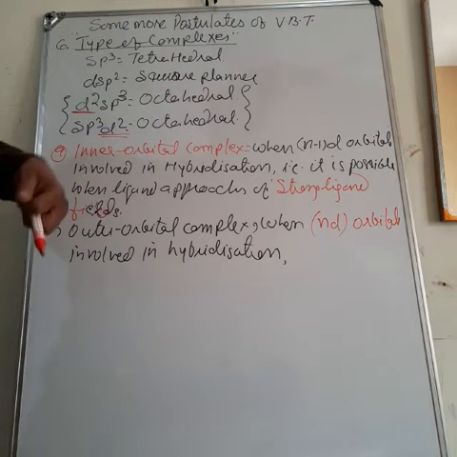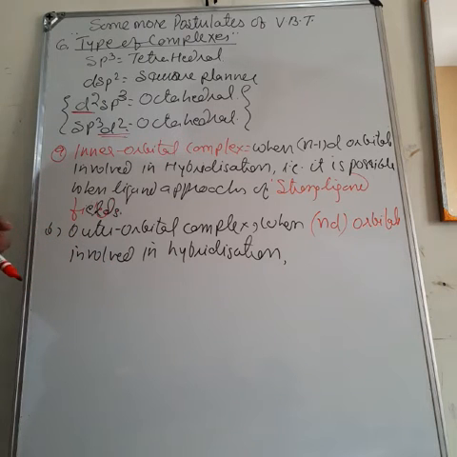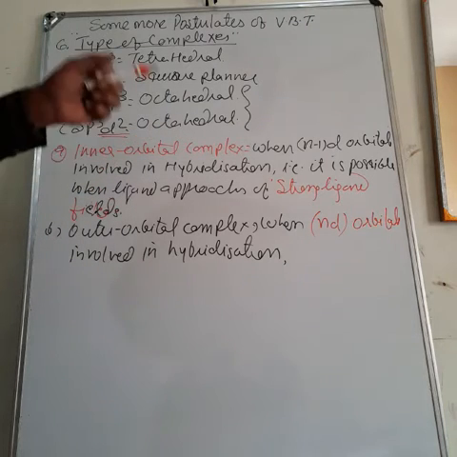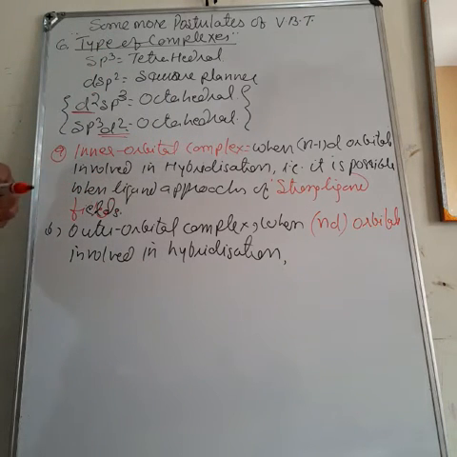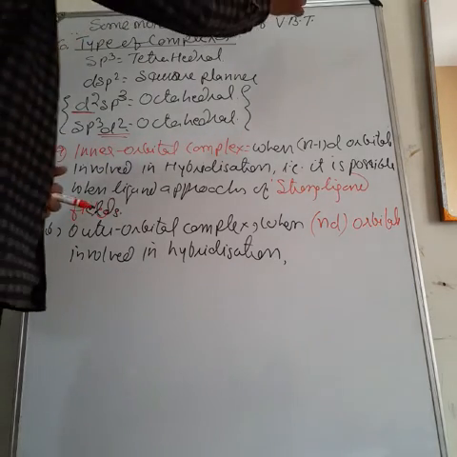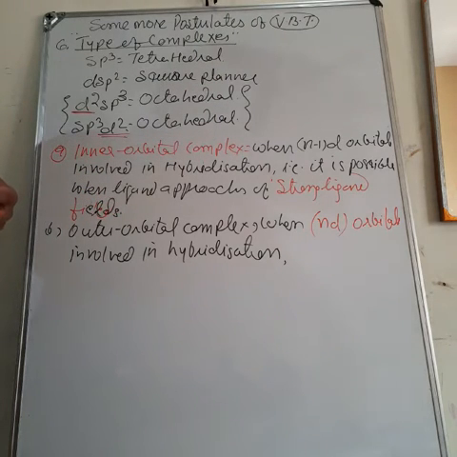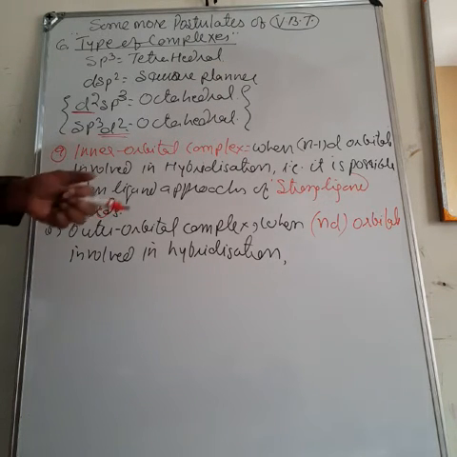If they contain unpaired electrons, they will not be involved in the hybridization, because in hybridization only vacant orbitals participate; unpaired or fully filled orbitals do not participate. This is a very important point of valence bond theory.